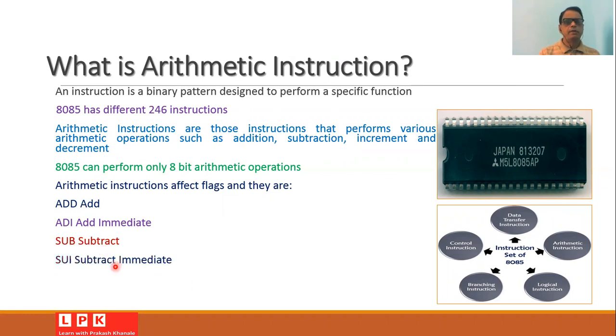We have subtract immediate, where we can subtract the data which is immediately available in the instruction itself from the register or memory. We can have the instruction for the increment of the register or memory. We can have the instruction for the decrement of the register or memory. So normally these are the different instructions that are available for 8085 to perform the arithmetic operations.